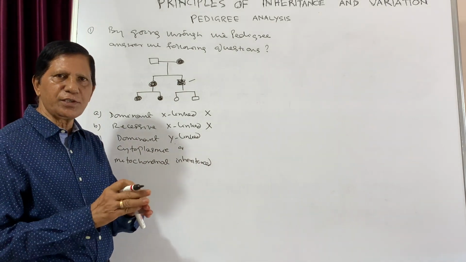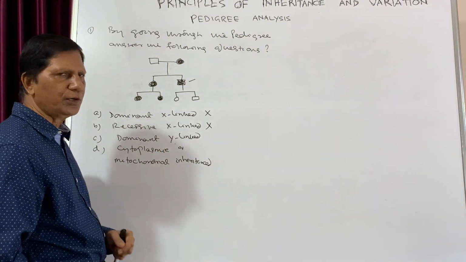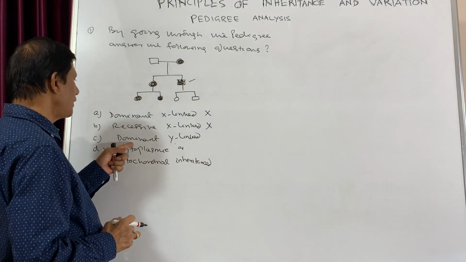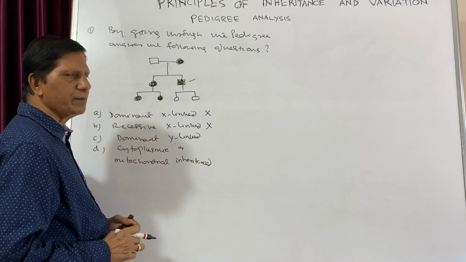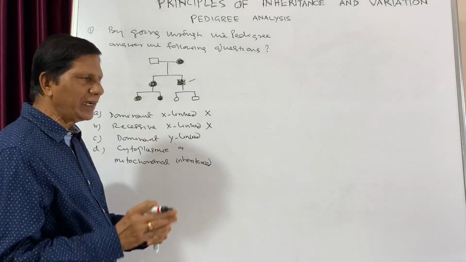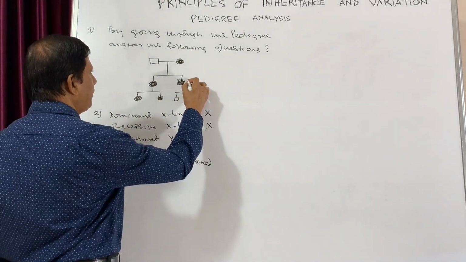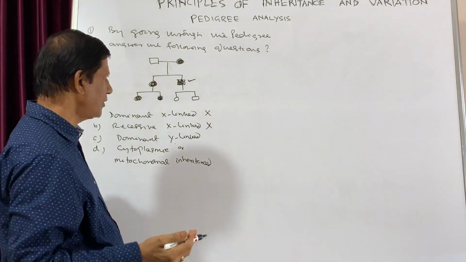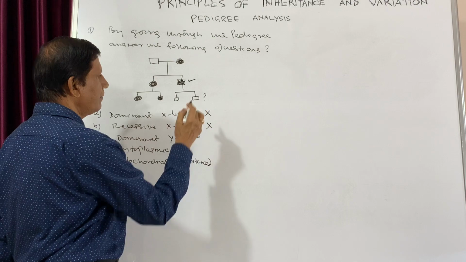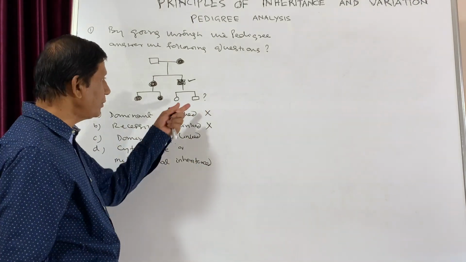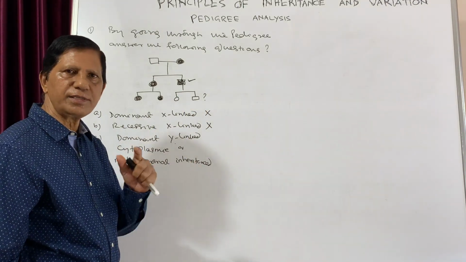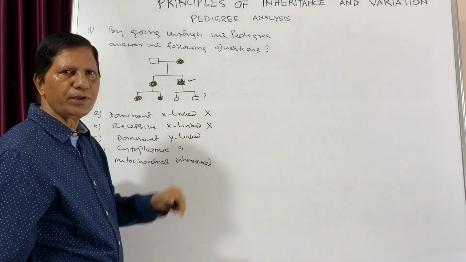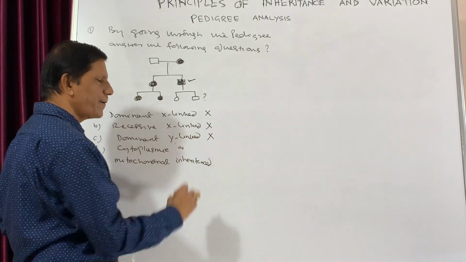Now 50% of the choices are eliminated. Now the other 2 are there: one is dominant Y-linked, the other is cytoplasmic. If this male is Y-linked diseased, then what about the son? The son would also have been a sufferer, but this male person is not suffering. So this is also wrong.